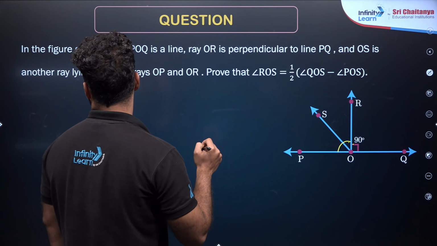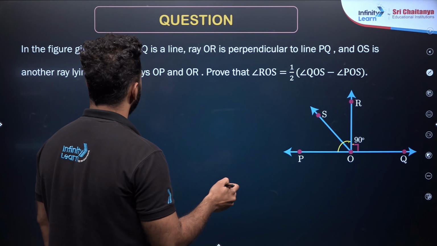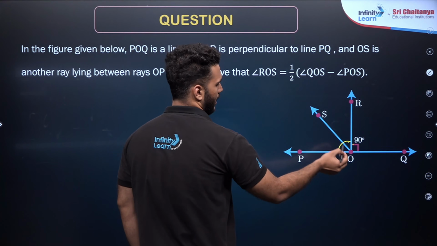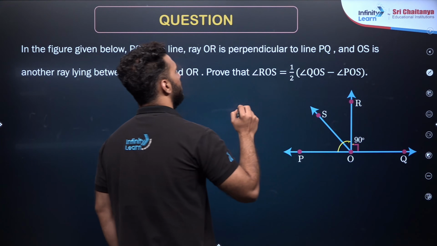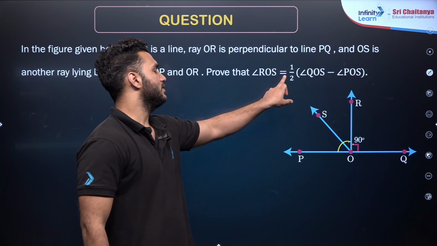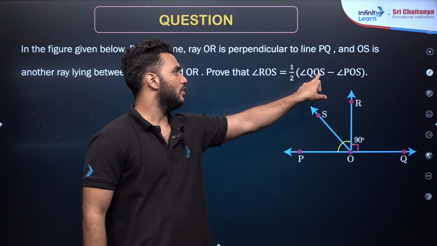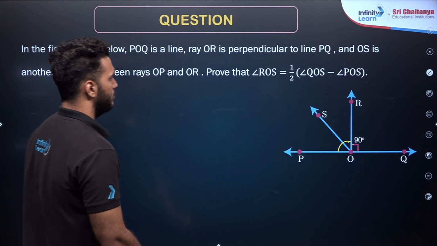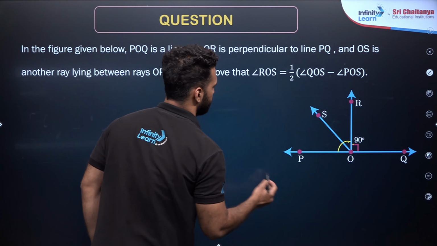And OS is another ray lying between rays OP and OR. We have to prove ROS is equal to 1 upon 2 of QOS minus POS. Now if you see, we have QOS.